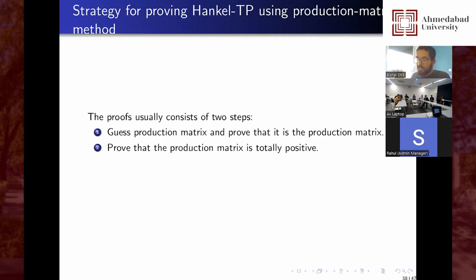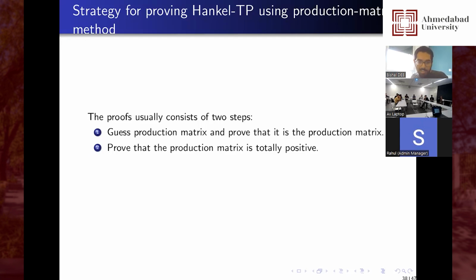So here is the strategy which we use when trying to prove these results. The first step, and the hardest step, is to guess what the production matrix is. Unlike Stieltjes type continued fractions, which you can compute using the Euler-Viskovatov algorithm, and you have a unique continued fraction, production matrices are highly non-unique. So you have to guess it.